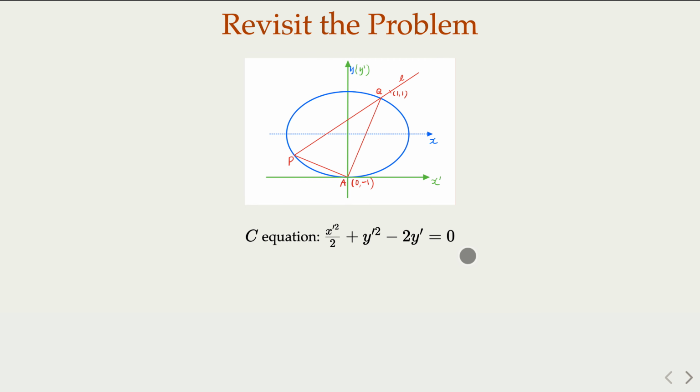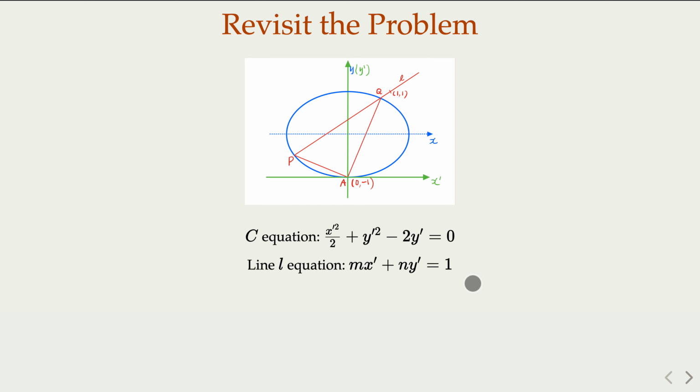The standard form of a straight line, since it does not go through (0, 0), we can say the straight line is mx prime plus ny prime equals 1. All right, so that's the equation in the new coordinate.